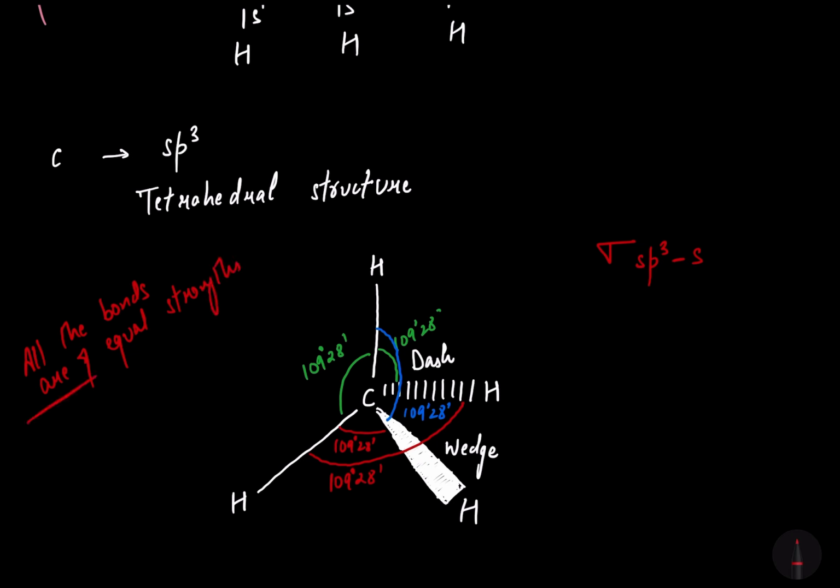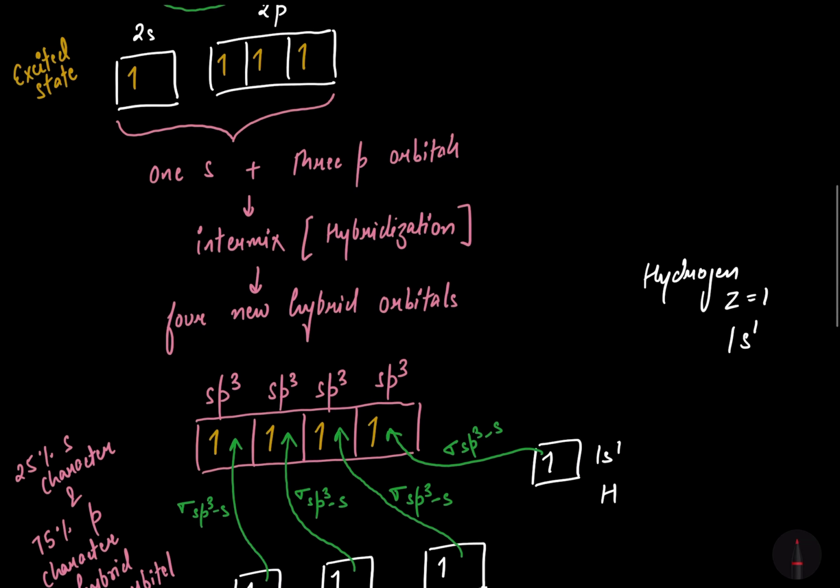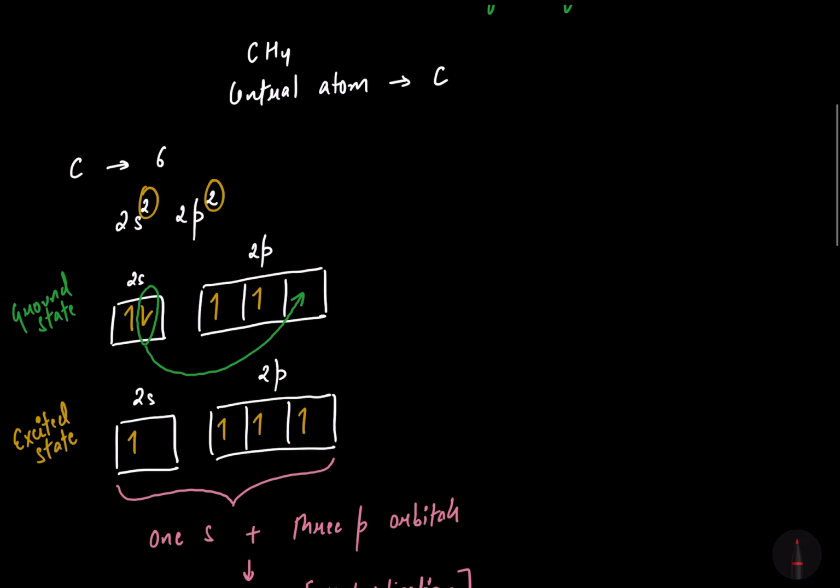Moreover, all bond angles are equal, that is 109 degrees and 28 minutes. But the point is, you have to imagine this structure in 3 dimensions, only then you will be able to understand it. So at last, let's talk about the energies.